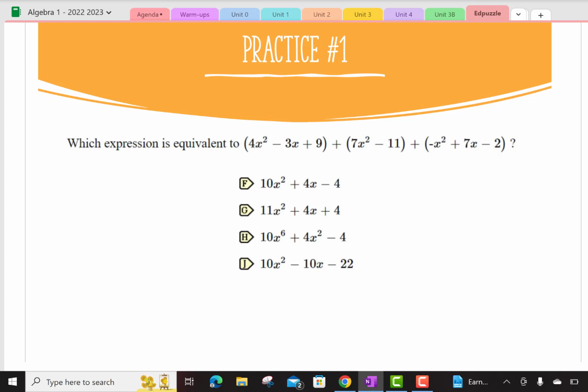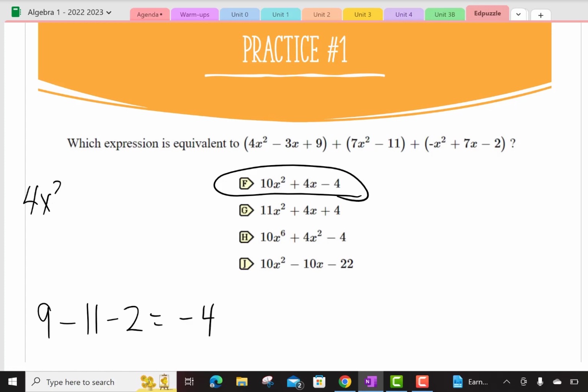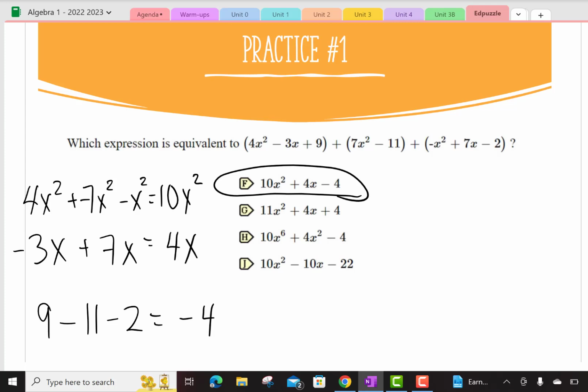So the correct answer is actually F. Okay, so I hope that when you organized it, you had 9 minus 11 minus 2, which is negative 4. You had 4x squared plus 7x squared minus x squared is 10x squared. And then you should have had negative 3x plus 7x, which is 4x. This is your answer, which is right here.